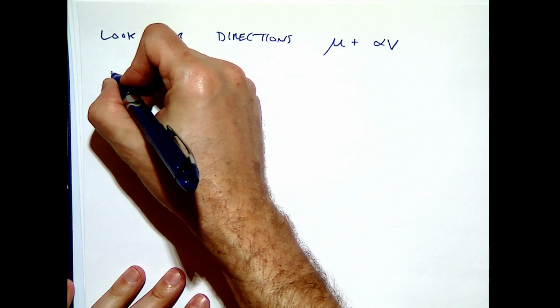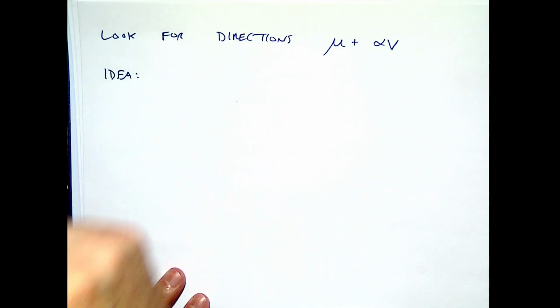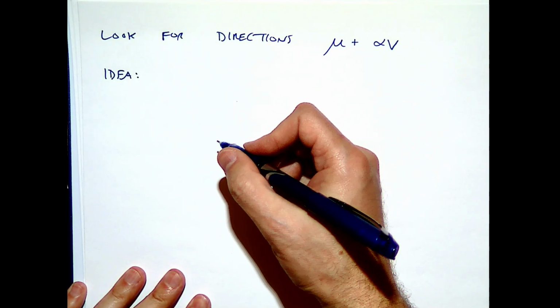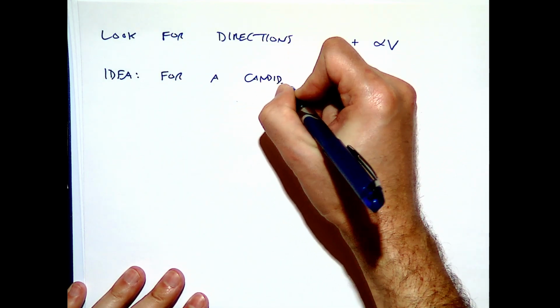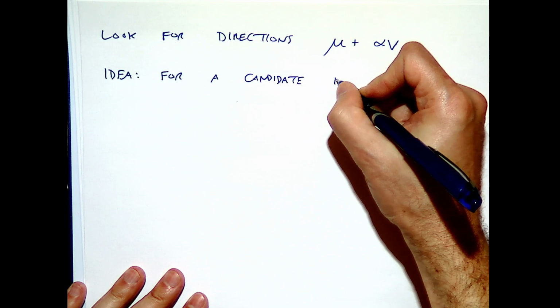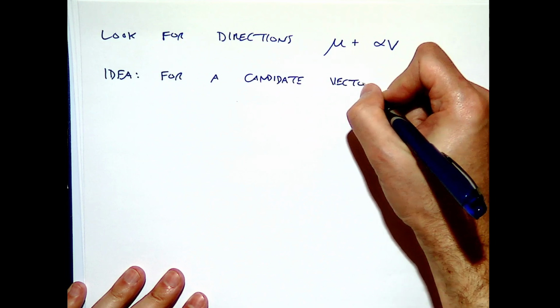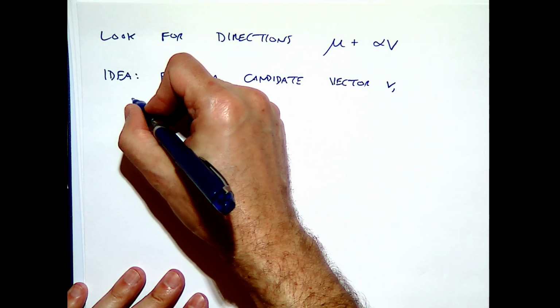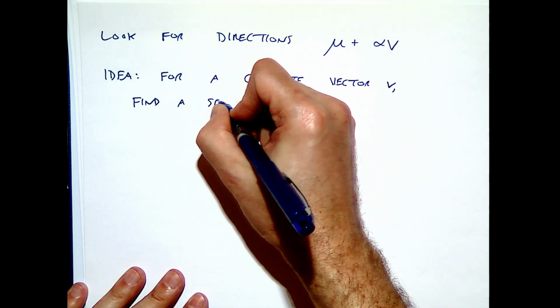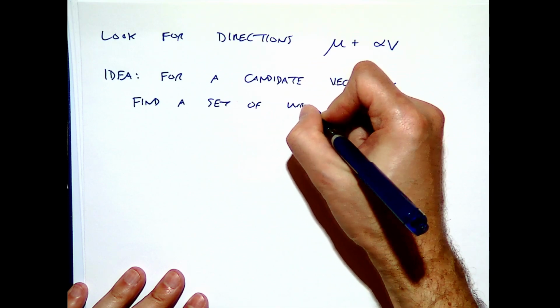So for a candidate direction vector v, I'm going to try to find a set of words to describe it.